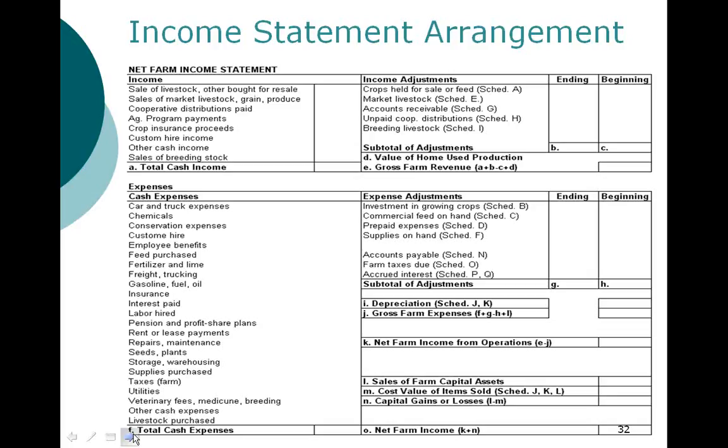It's a much more correct number to base decisions on because it shows what you actually did that year without effects of carryovers and other things. And then it adds in sales of farm assets, capital gains and losses from those assets to get net farm income.